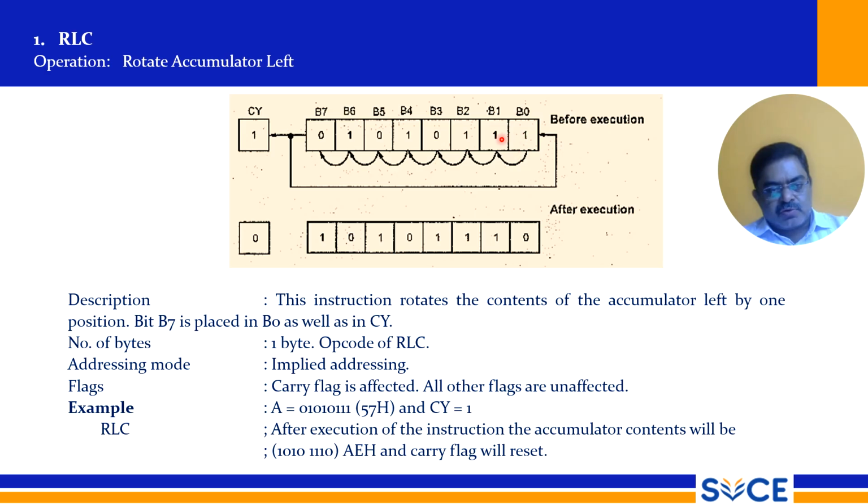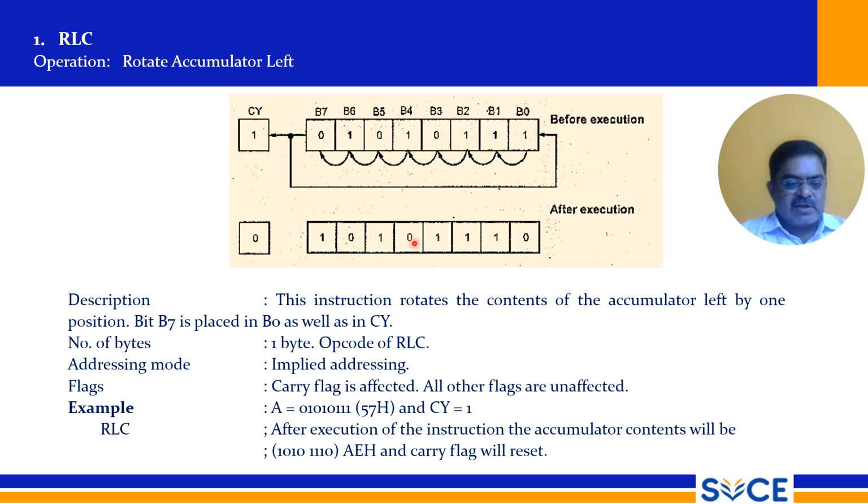B0 will go to B1, B1 will go to B2, B2 contents will go to B3 through left. The contents will be rotated through left, and the 0 will come here. So the contents are rotated by 1 bit left.